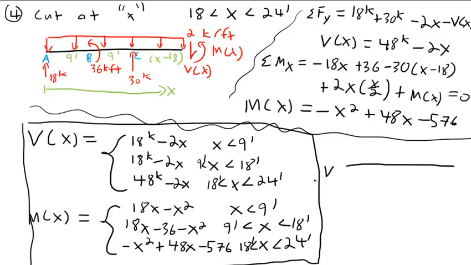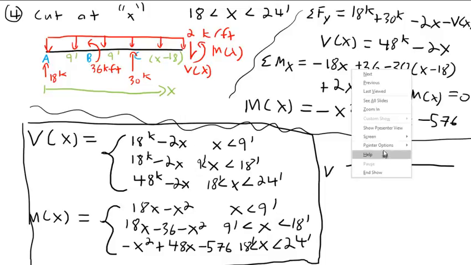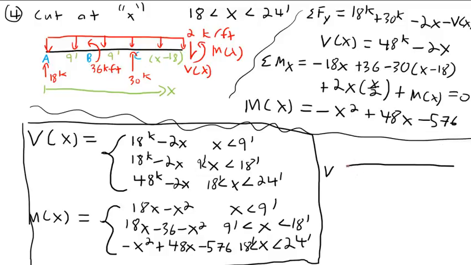It's going to start out at positive 18 here. Then it will decline down at a function 2x.